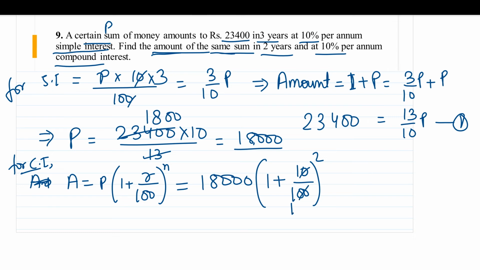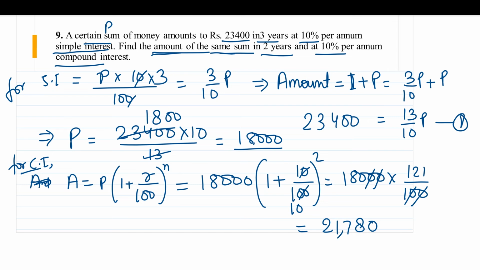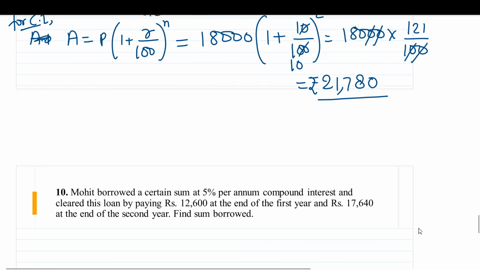So we can cancel it, it will be 11 over 10. So 18,000 into 121 upon 100. So the zeros cancel, and then 2178 0. So 21,780 rupees. That is the amount when you are calculating with compound interest.